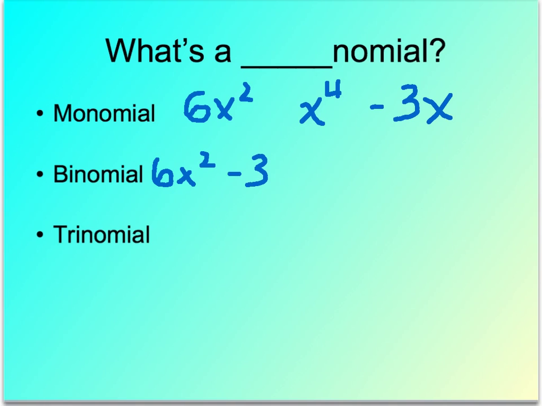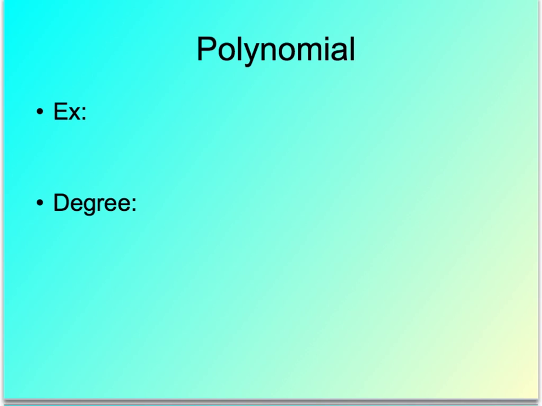And a trinomial, just as the name suggests, is 3 put together. So 5x to the 4th minus 8xy plus 7. That would be an example of a trinomial. The overall term for monomials, binomials, trinomials, and anything larger is a polynomial, because poly means many.